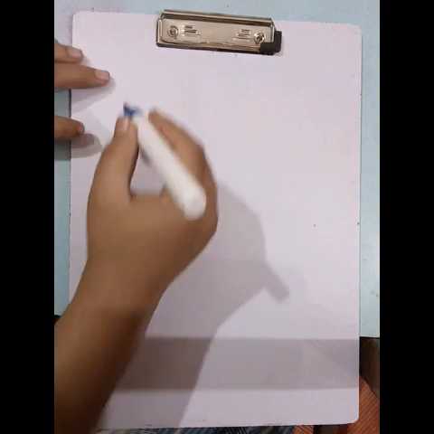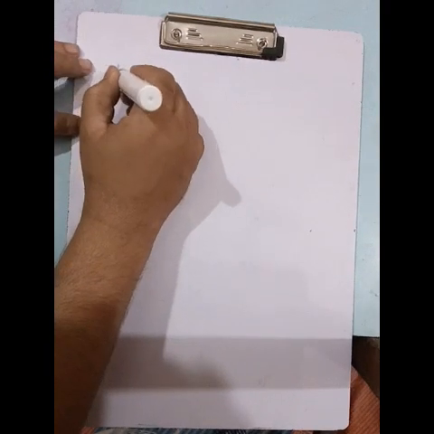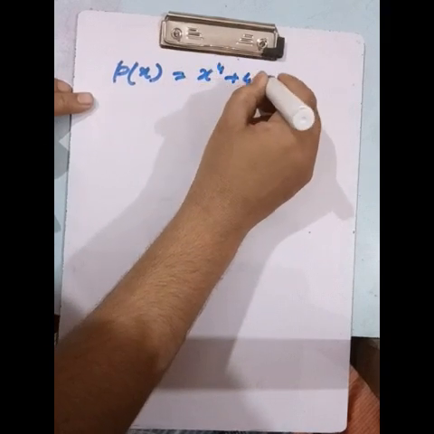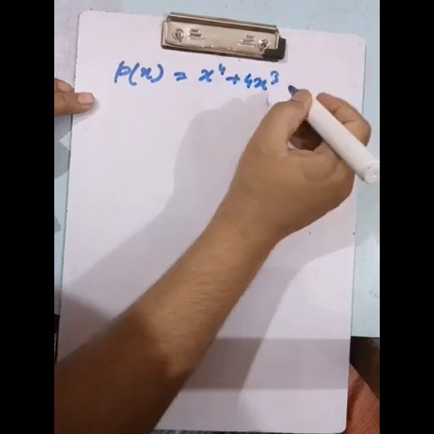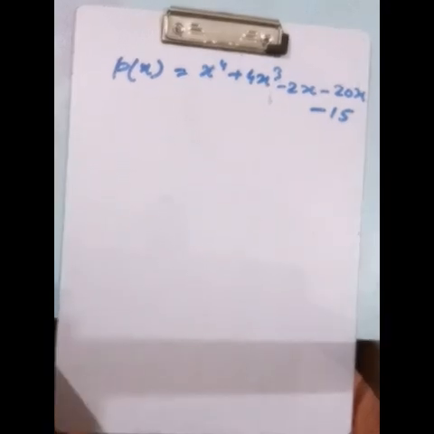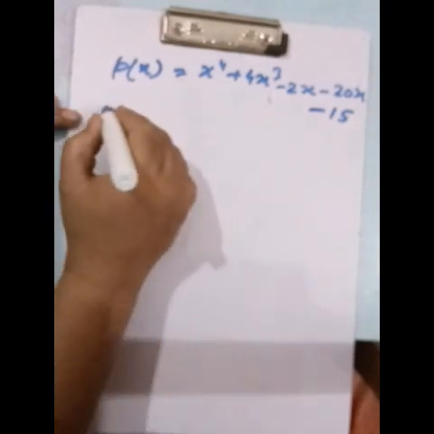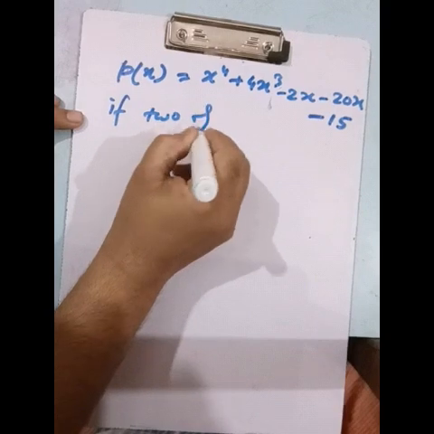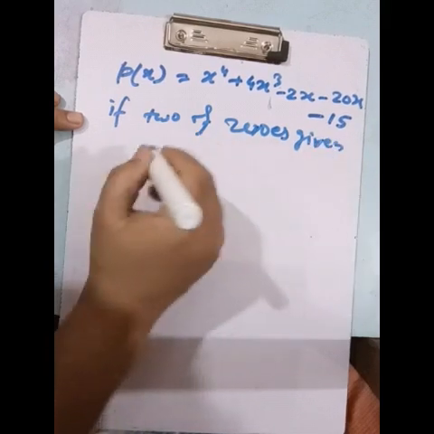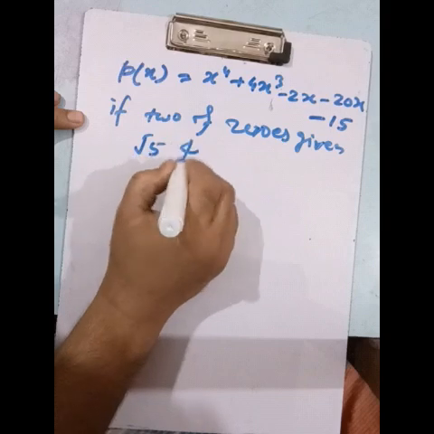So in this situation, first you write one question: find all the zeros of the polynomial p(x) equal to x to the power 4 plus 4x cube minus 2x square minus 20x minus 15, if 2 of its zeros are given: root 5 and minus root 5.